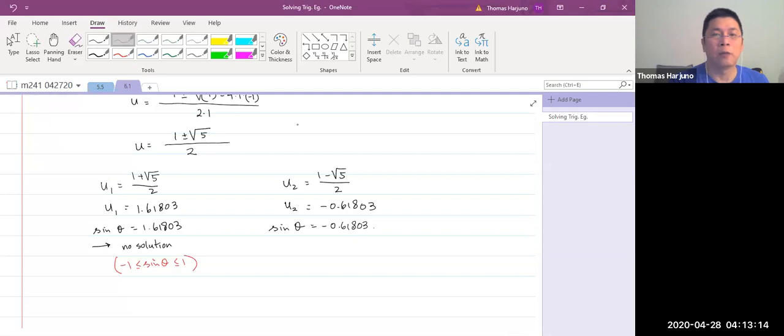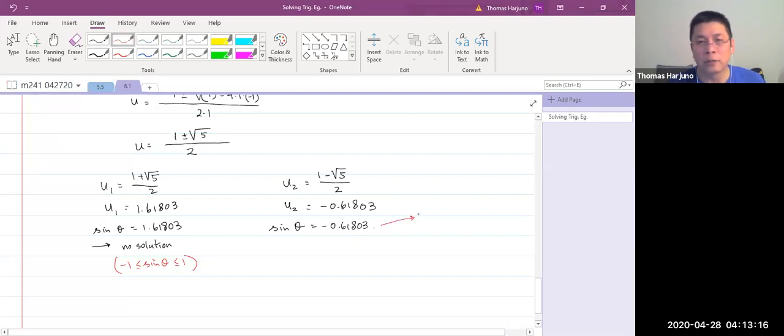Now, from here, the way we solve it, you do the reference angle first. Do the reference angle first. Okay, and then you take sine inverse.